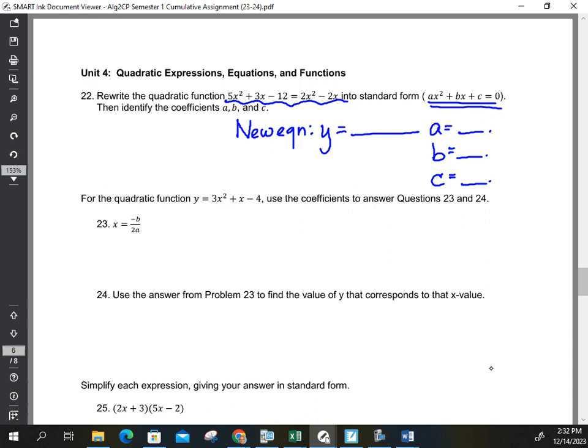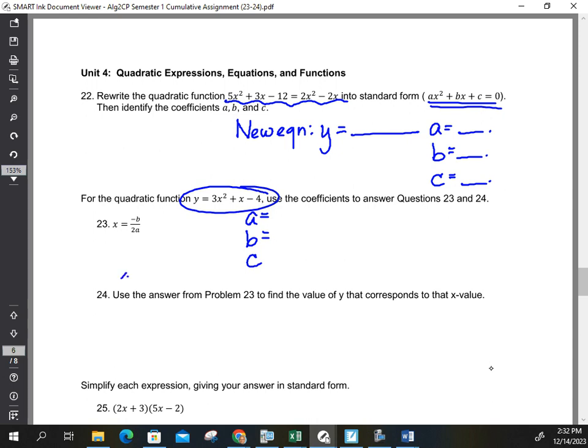23 and 24. You need this equation to answer 23 and 24. So, not too hard. Identify your A value, your B value, and your C value, and then plug them into the expression. Whatever answer you get from problem 23, you use it in problem 24.